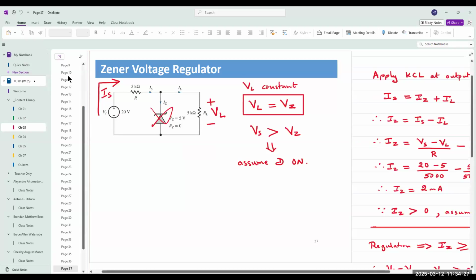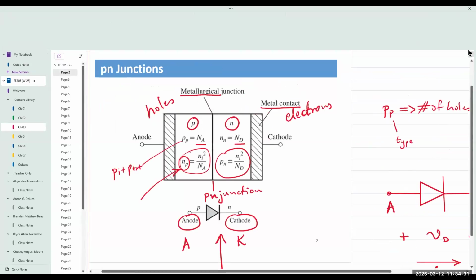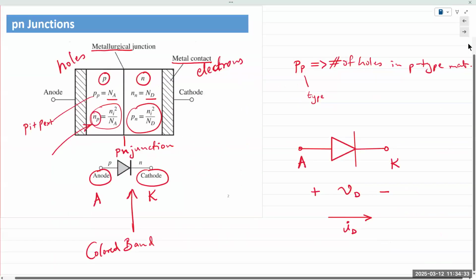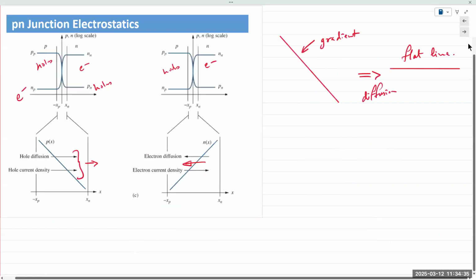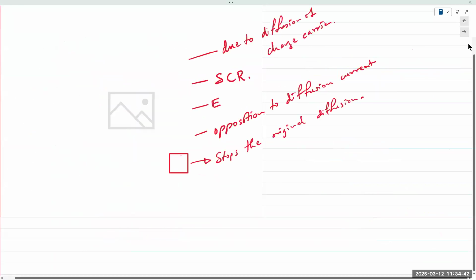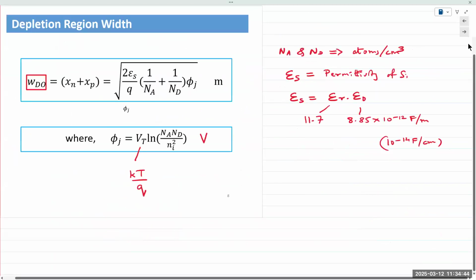All right, diodes, very important chapter. So what happens at the junction? I think I already spoke about that, and then forward bias, reverse bias, and no bias. The first portion of the chapter is basically the device physics, and the latter portion is the circuit analysis portion.